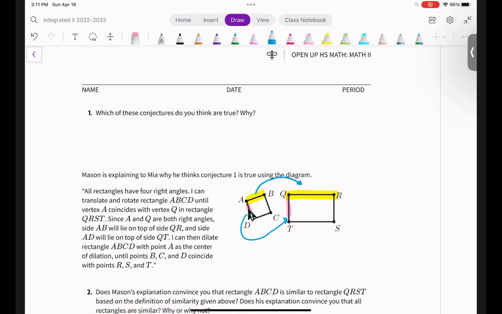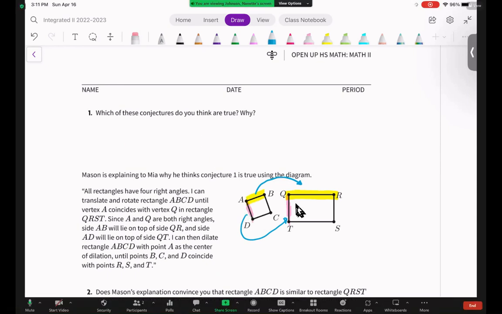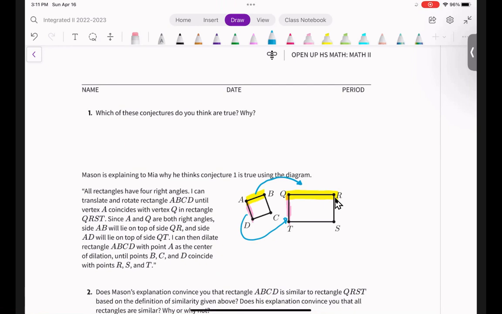Because it almost looks like, let's just say, if this was 2 and then this is 3, if this is 2, then this almost looks like it's 5. So that factor is different. The scale factor from here to here and from AB to QR is very different, right?